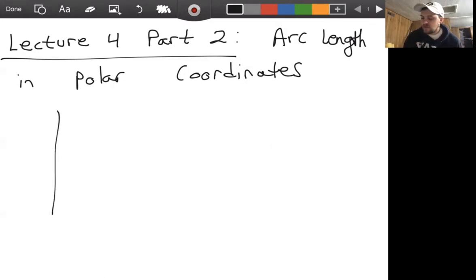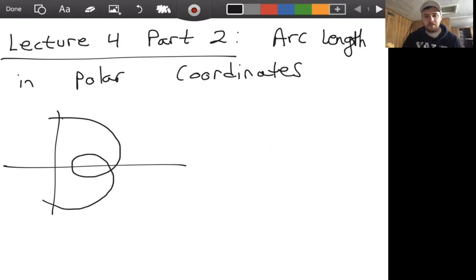So what we're going to do in this video is take a section of a polar curve, maybe it does something like this, between two angles, say theta equals alpha and theta equals beta.